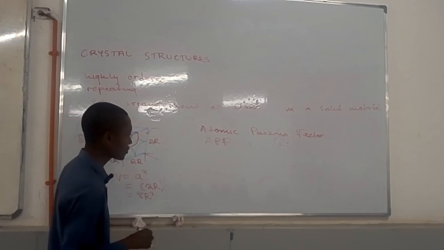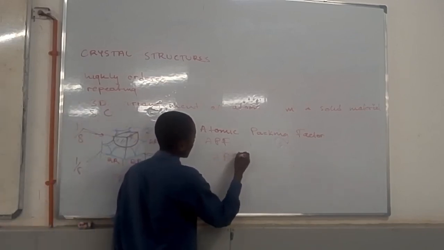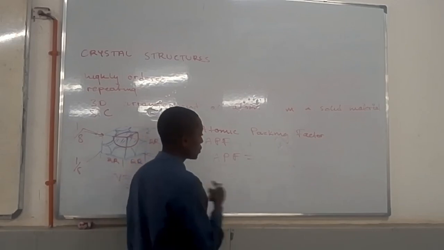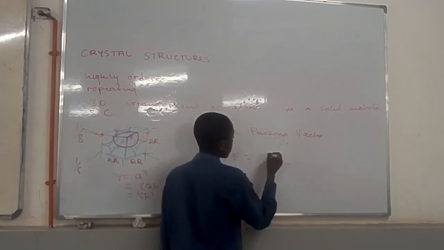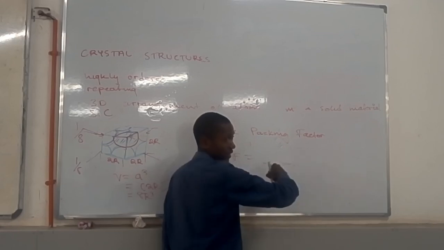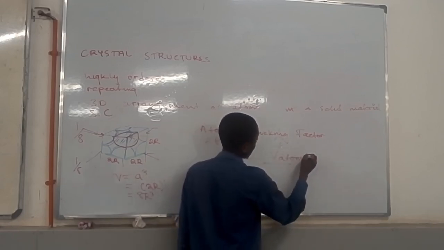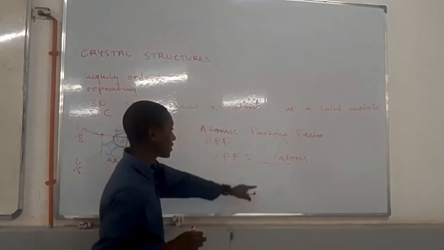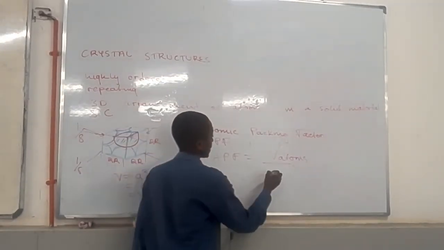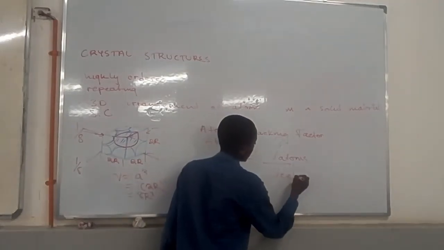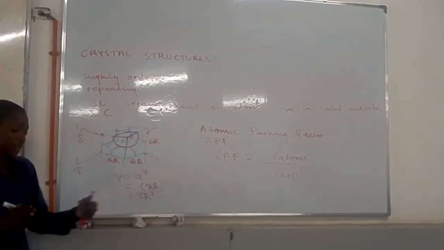So in order for us to do that, we calculate the atomic packing factor by determining the volume of the atoms that are inside the unit cell. So we take the volume of the atoms that are inside the unit cell and we divide that by the volume of the unit cell for us to determine the atomic packing factor.